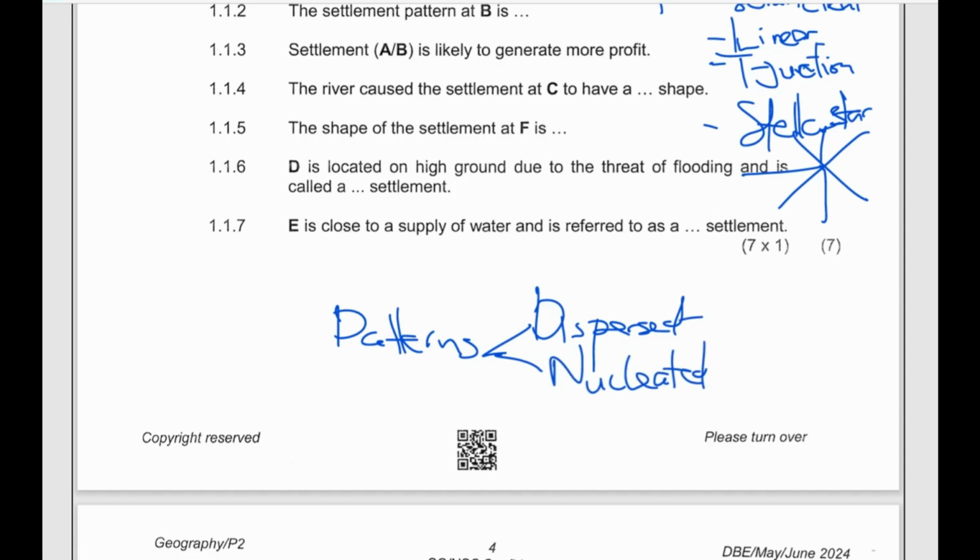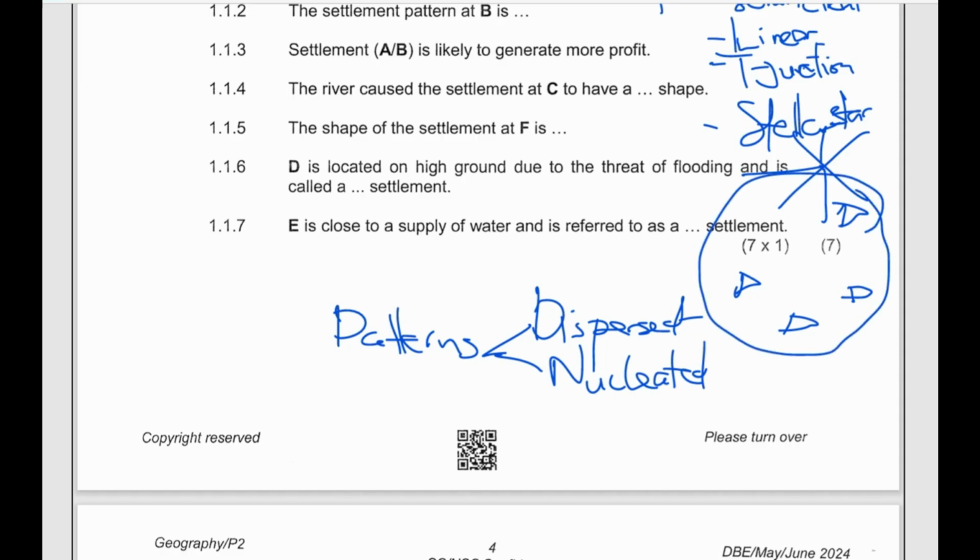When we talk of a dispersed settlement, we are saying the housing units are further apart from each other. One is there, you find the next maybe after a kilometer, and another one after a kilometer and a half. It means these are in a dispersed pattern.